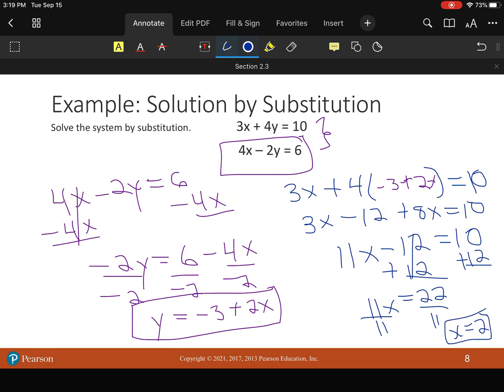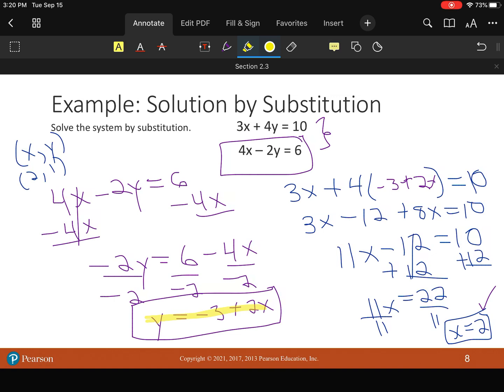So now we already know our solution is (2, 1), right? We've got x equals 2. Now what we're going to do is substitute. We already have this equation down here, y equals negative 3 plus 2 times x.